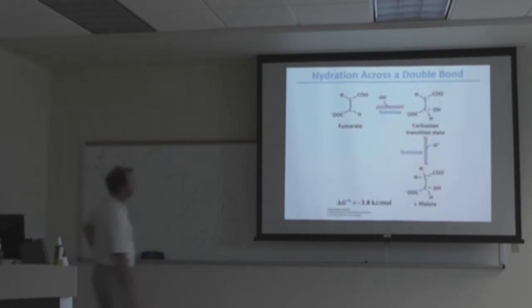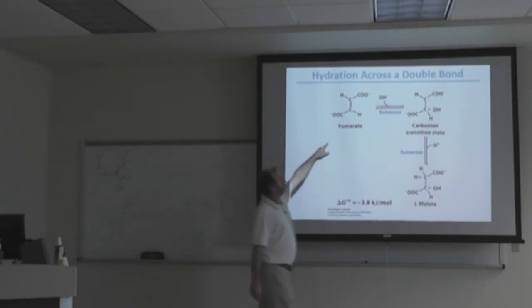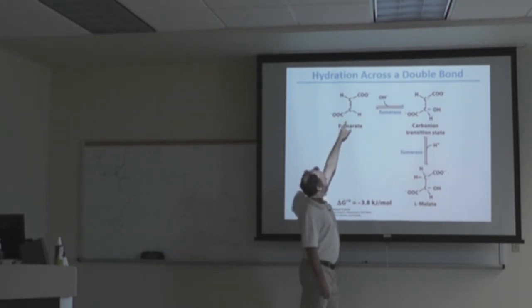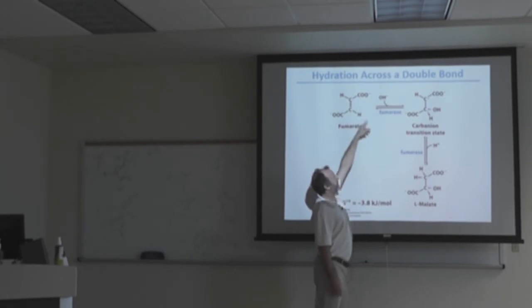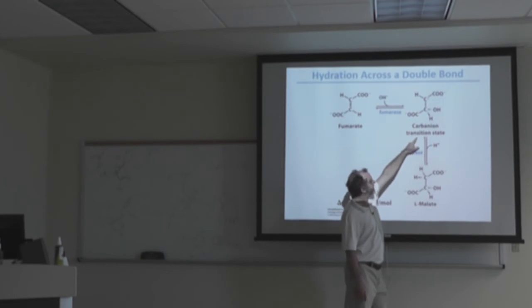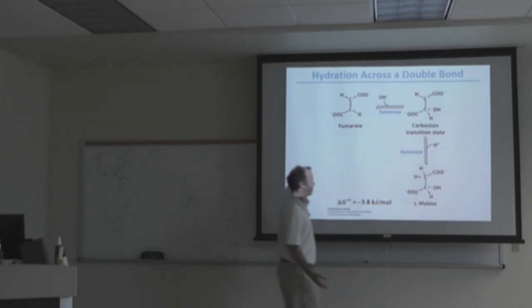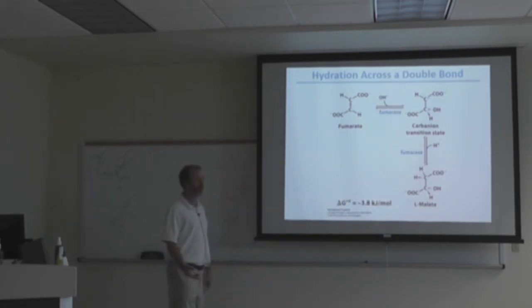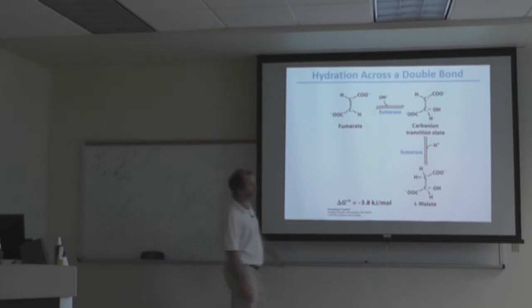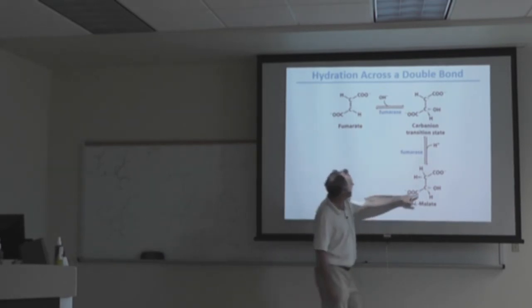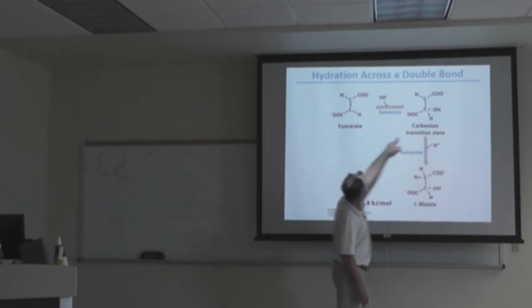So the next reaction is fumarase, where we add a hydroxide across the double bond. You have a carbanion transition state. A hydrogen ion comes in and picks up that carbanion, and you end up with L-malate, where we've added this alcohol across the double bond.